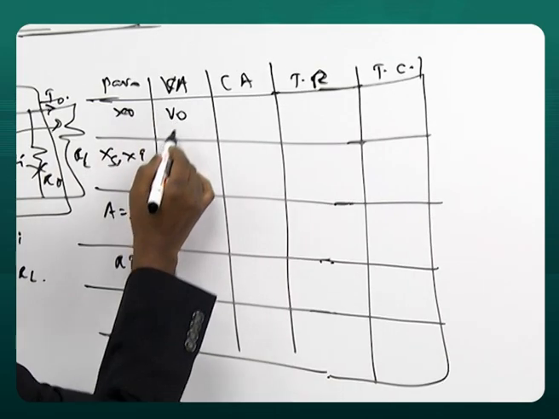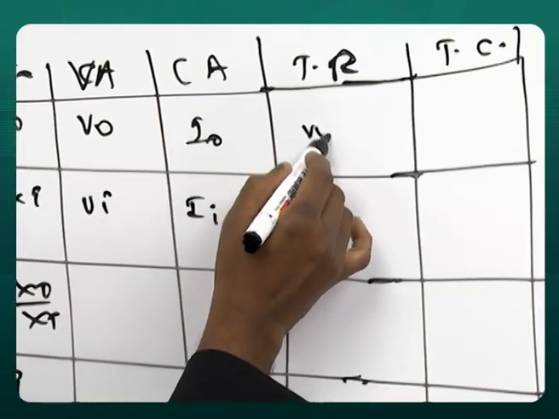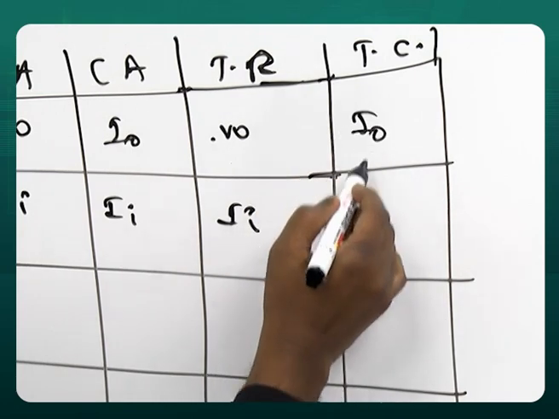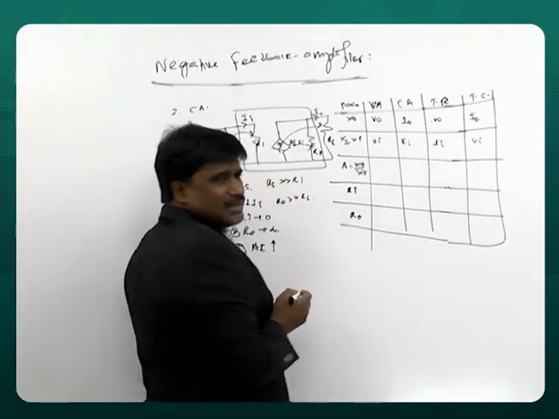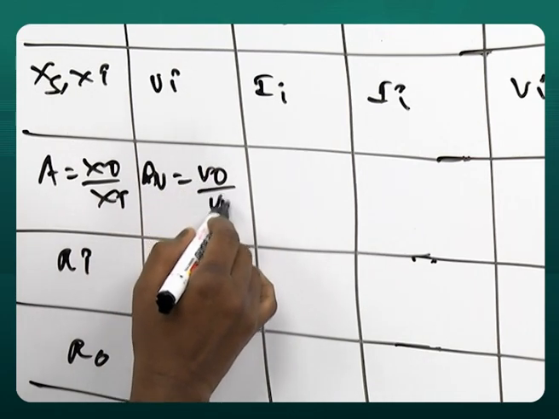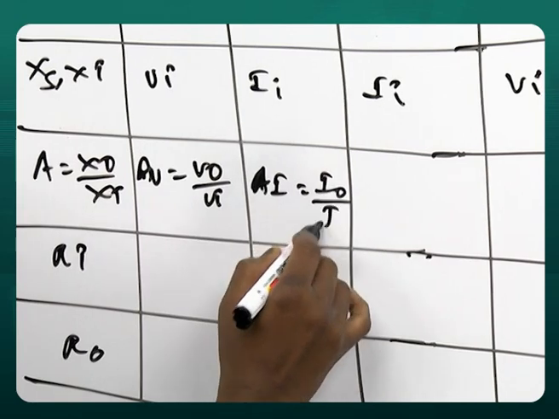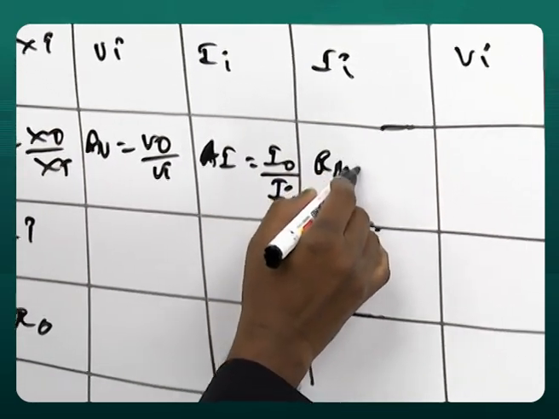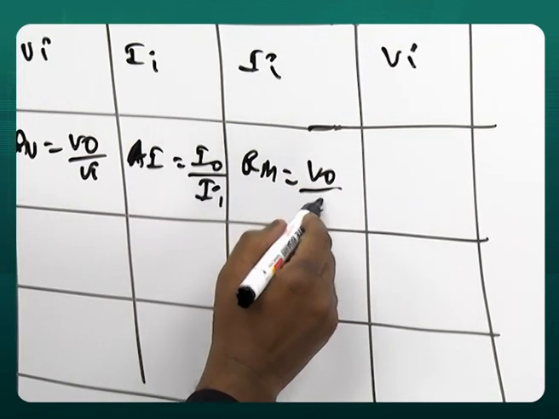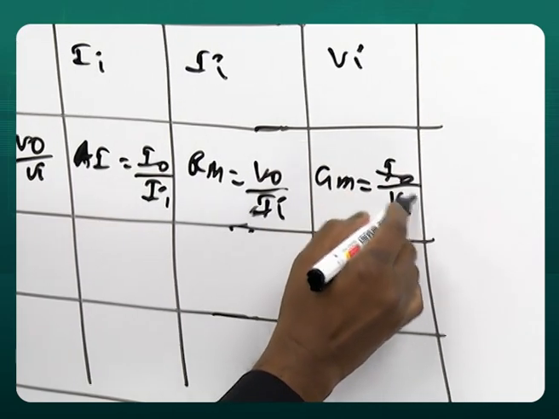This is V0 by Vi, I0 by II, V0 by II, because voltage by resistance, current by resistance. So this will be AV, V0 by Vi, AI, I0 by II, RM, V0 by II, GM, I0 by Vi.